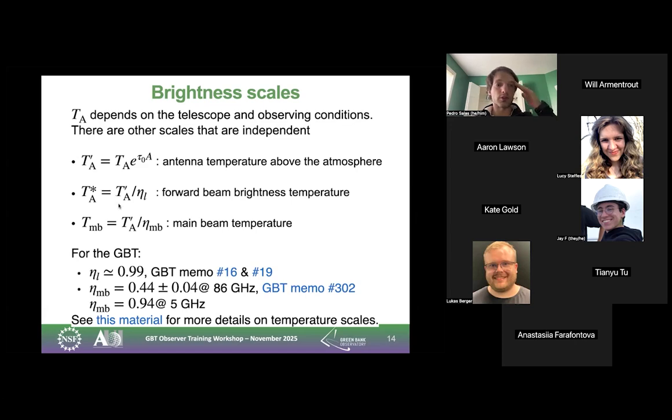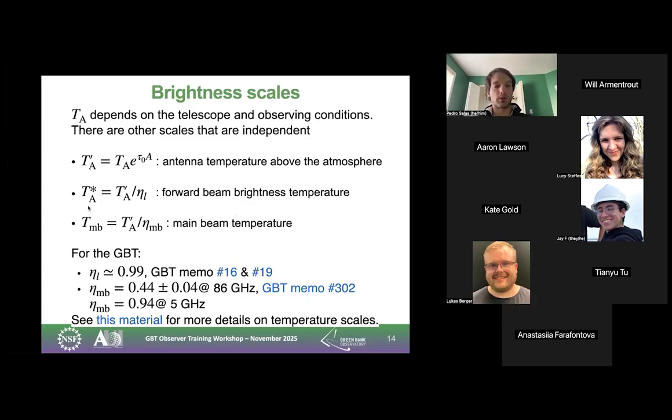And this is pretty independent then from the telescope. Then depending on if your source is extended or not and whatnot, you might also want to use something like the main beam temperature, where you're basically saying that this is just the temperature within the main beam of your telescope.